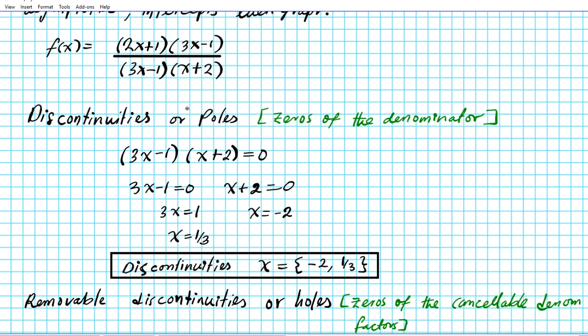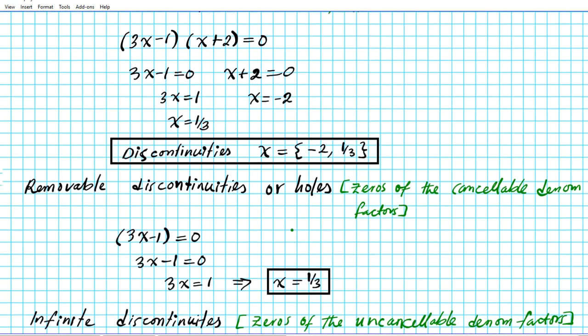which denominator factor cannot be cancelled or does not have an identical factor with any component in the numerator. This is when the rational function is expressed in its factored state. We can clearly see that x plus 2 cannot be cancelled because there are no x plus 2 quantities in the numerator of this rational function.